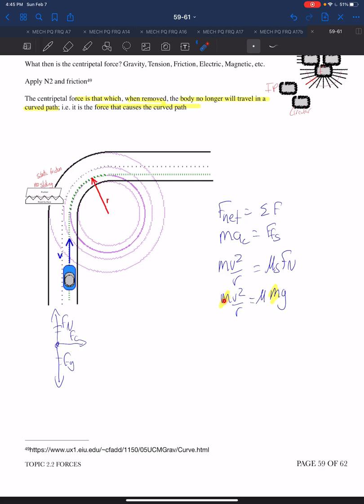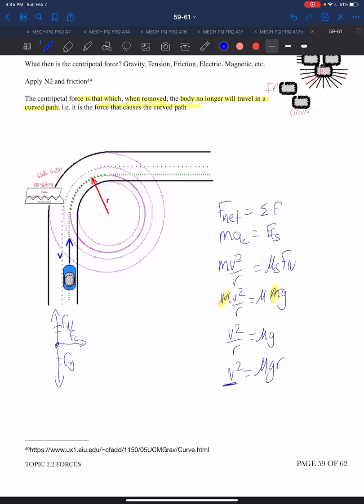On this side, it is the mass undergoing the centripetal acceleration. In this case, it is the mass of the car. Over here, when we have the mass, it is the weight of the car, the mass of the car. So these m's are indeed the same m. This leaves us v squared over r is mu g, and v squared then is mu g r.